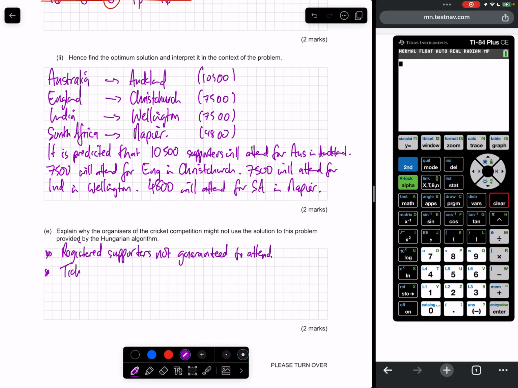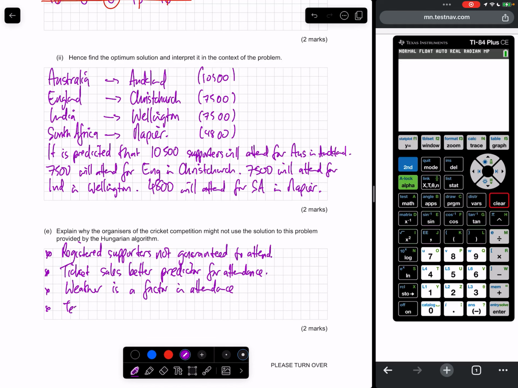Ticket sales are a better predictor for attendance, not just being registered. Weather is a factor in attendance.